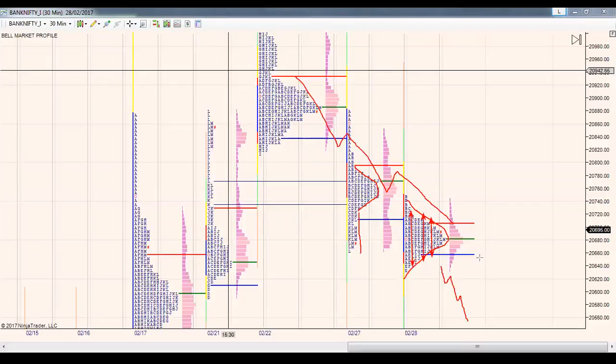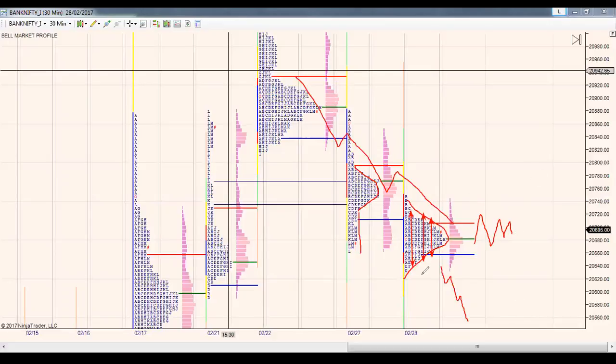What that means is that sellers who were controlling the auction for the last 2-3 days are now being matched by buyers of equal strength. So the auction is most likely to pause in this zone and maybe consolidate for a while and then decide whether it wants to go up or down.